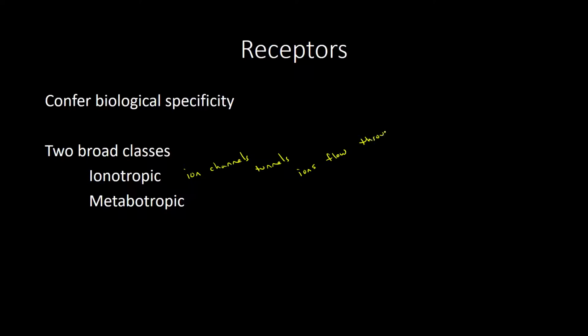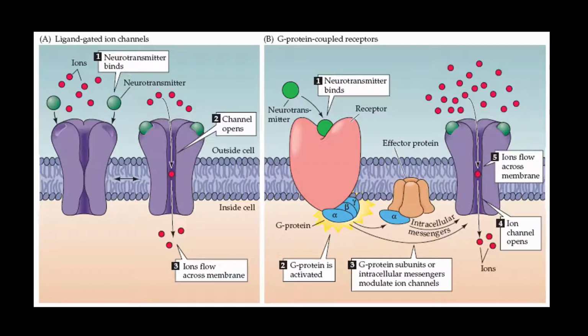They have to go through the receptor. Metabotropic receptors alter the cell's biochemistry. So they are not ion channels, but they change the cell's biochemistry, and that's how they mediate an effect. I'll show you what these mean in a little more detail coming up.